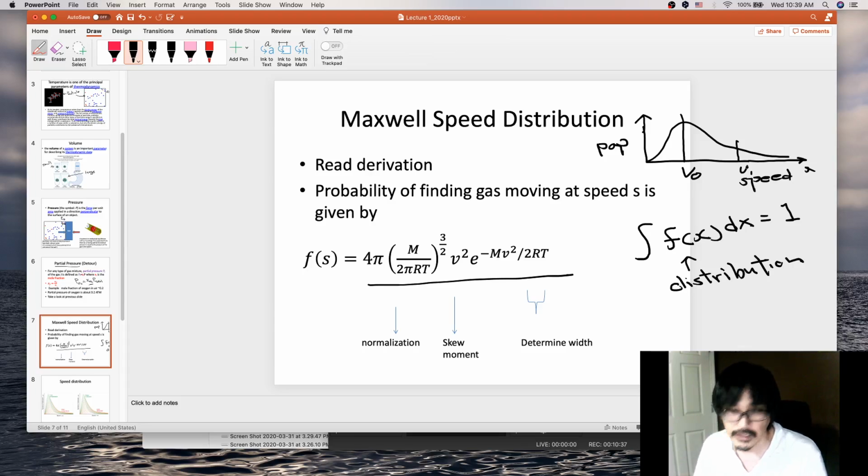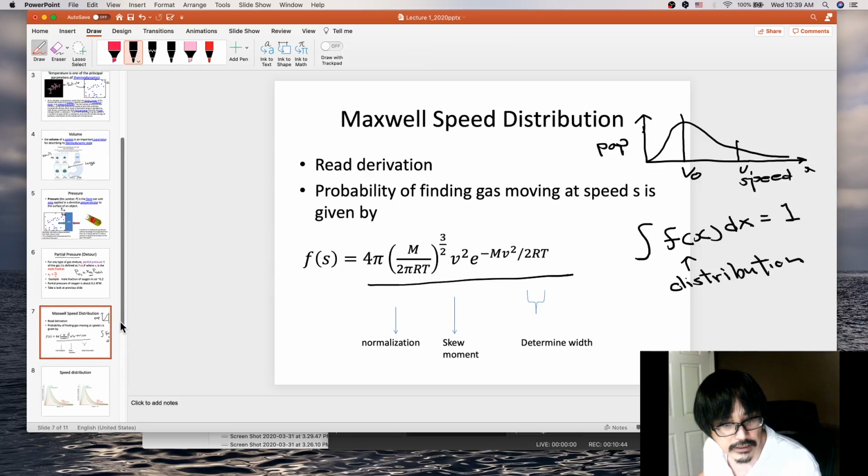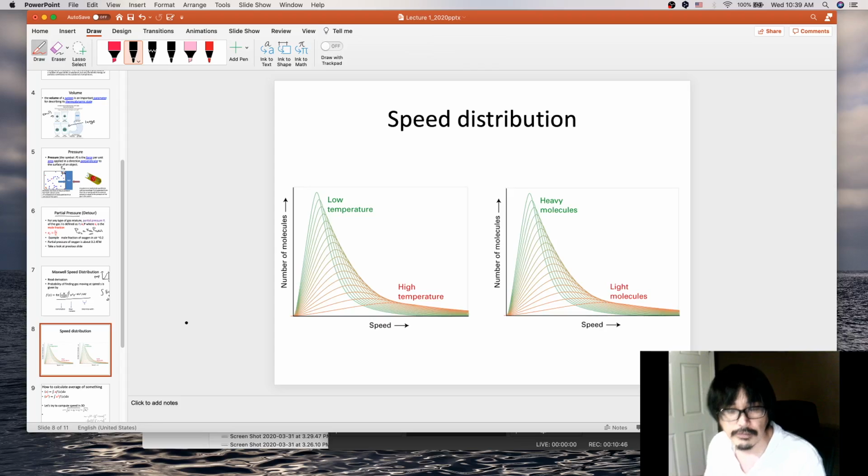That's what is meant by the distribution here. So let's see what the properties of the distribution are. If I have a low temperature, the majority of the particles are moving at low speed, and if the system is at a high temperature, then most of them are moving at higher speed.